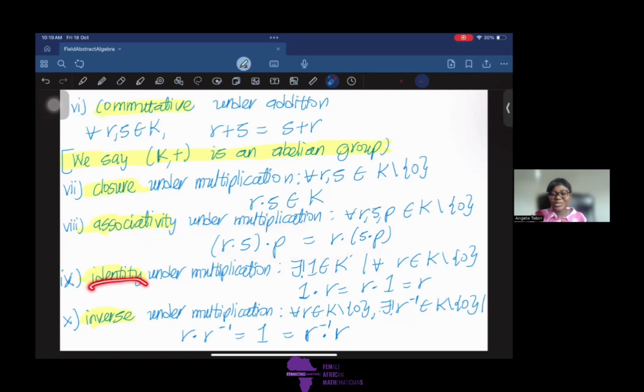But you also want a notion of doing nothing when you are multiplying a scalar. So you want a unique multiplicative identity 1 belonging to your set, such that if you multiply any element in your set by it, whether from the left or the right, it leaves the element the same. But we wanted a notion of what? Inverse, in the sense that the scalars that we had, we wanted to find fractions of these scalars.